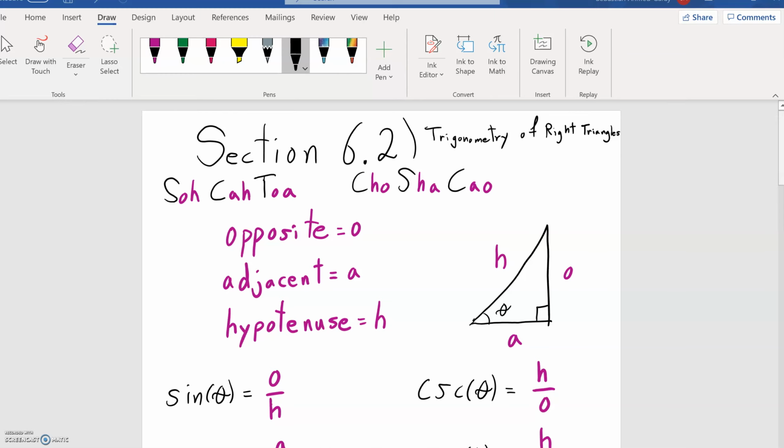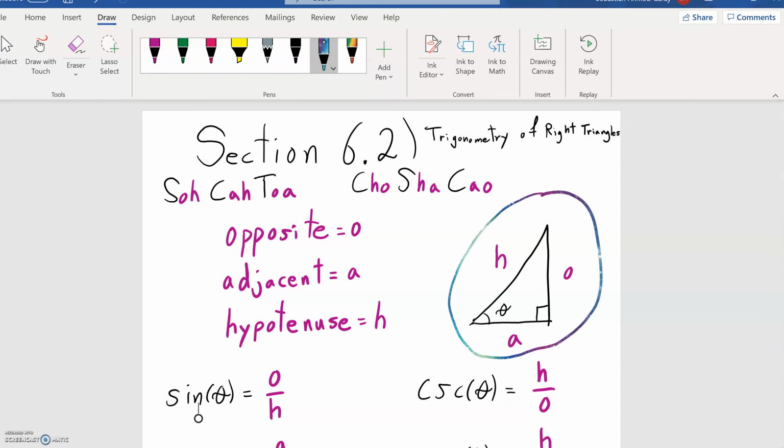I have written down two mnemonics involving this section, SOHCAHTOA and also SHOSHIKAO. On my right here, I have a right triangle. I have these letters in purple, O, A, and H. And I have an angle theta, and I have a right angle for this right triangle.